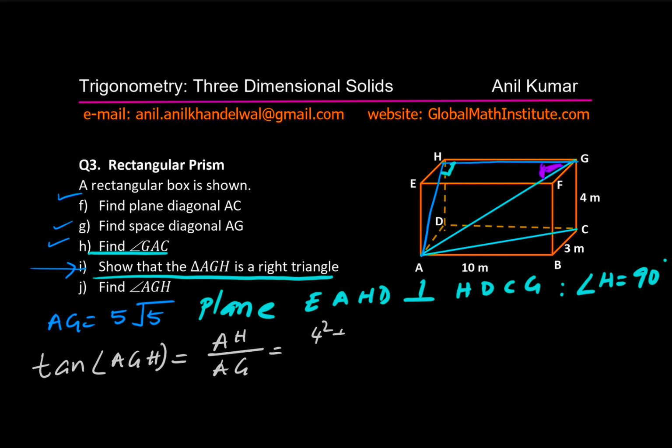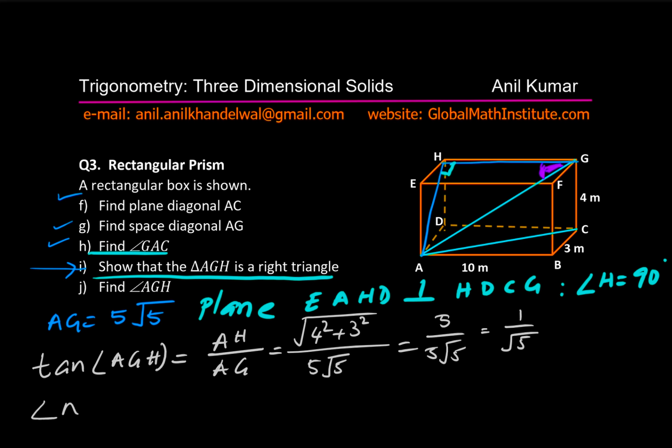This is the square root of 4 squared plus 3 squared. And A to G we calculated was 5 square root 5. So 5 over 5 square root 5 gives us 1 over square root of 5 here. That's easy.